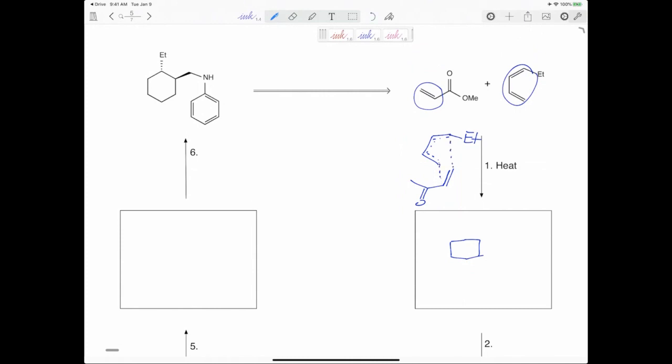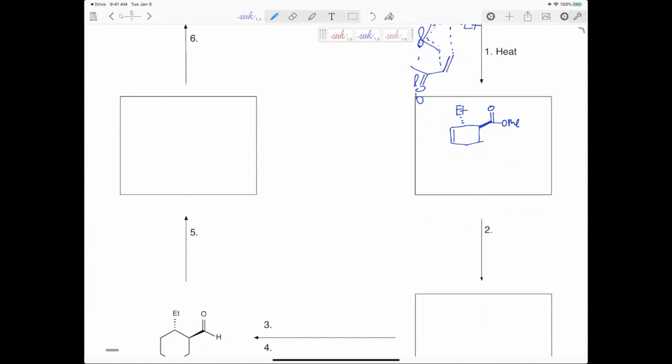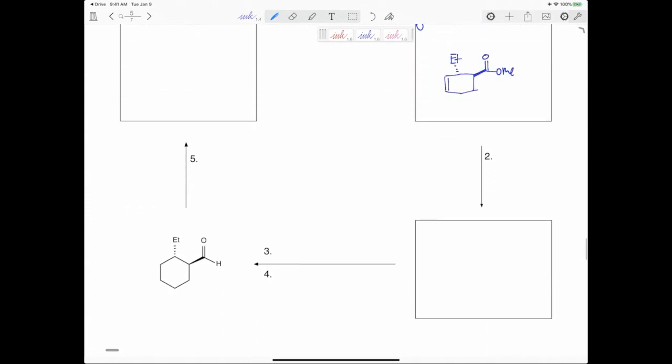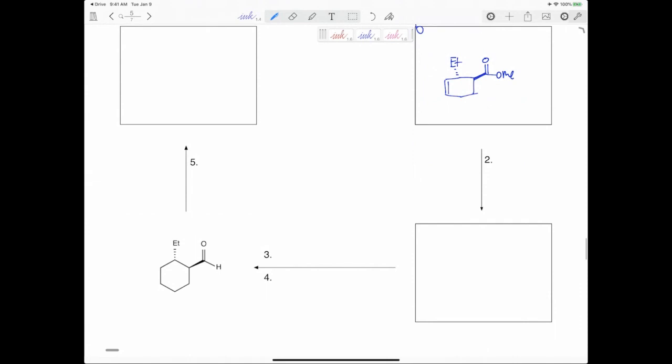So one orbital here, and then I have another orbital from here that's going to overlap. Because of that, we have the endo product. It's going to be anti. Okay, please don't forget your stereochemistry. If you draw the exo product, it's going to be wrong, right?